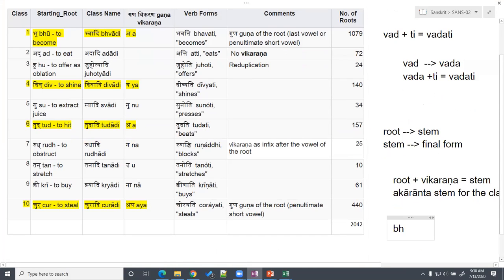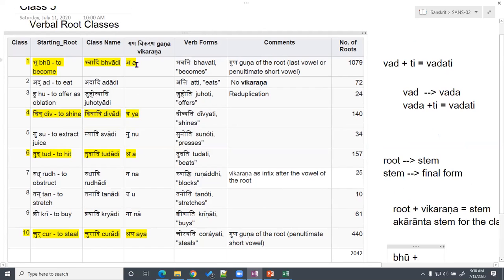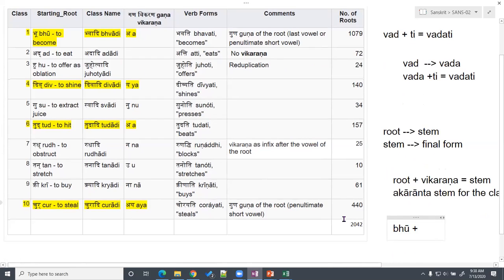We have this dhatu called bhu. Here, in order to make the stem, I'll add the akara, bhu plus a. That will be my stem. Now the step is that okara will have the guna. It's the last vowel. Either it should be the last vowel or penultimate, meaning one before the last.